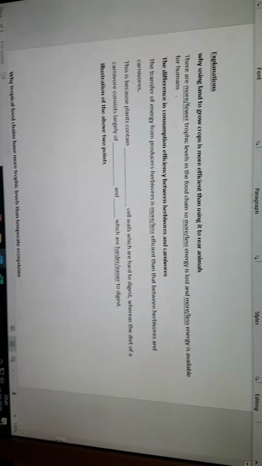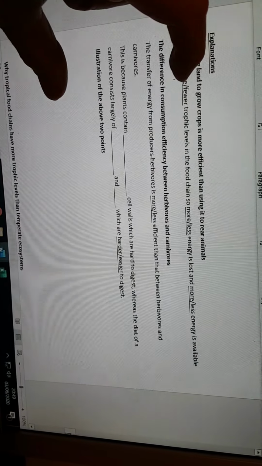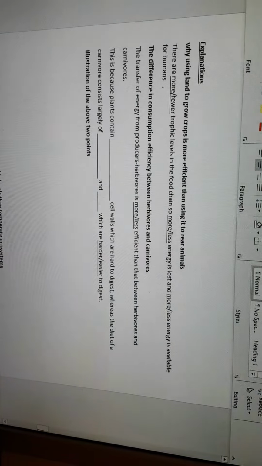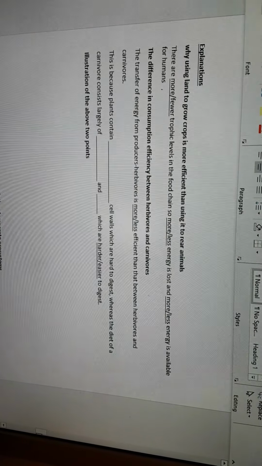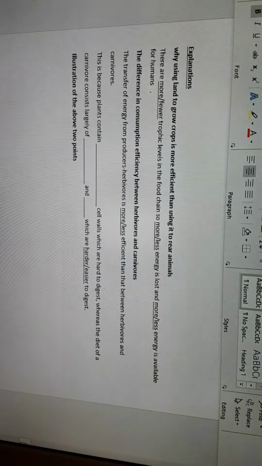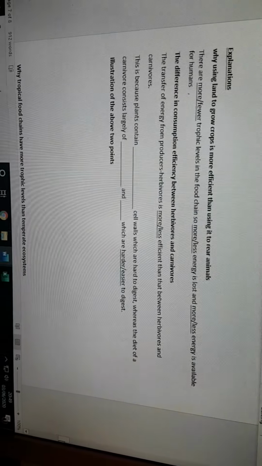Now, you can use the points I've made so far to then go on and complete these two sections of the note sheet. I've really pretty much explained those points already.